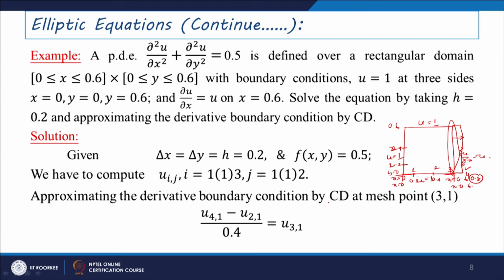Since we are considering this as the last boundary, for y equals 1 here, you can denote this as u_{4,j} minus u_{2,j} by 2 into h. h is given as 0.2, that is why it is taken as 0.4 here, which can be represented as u_{3,j}.